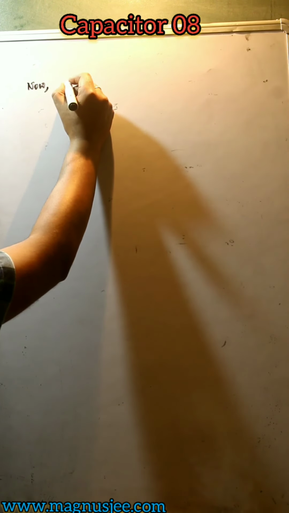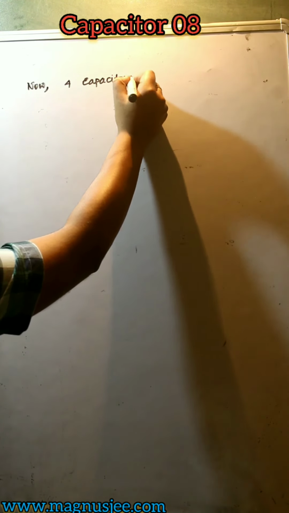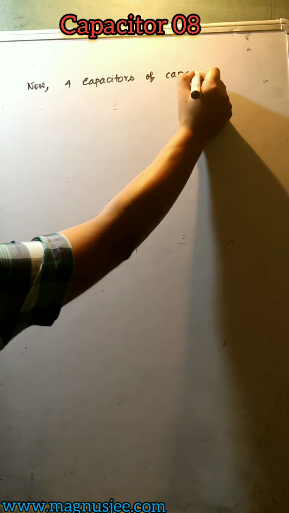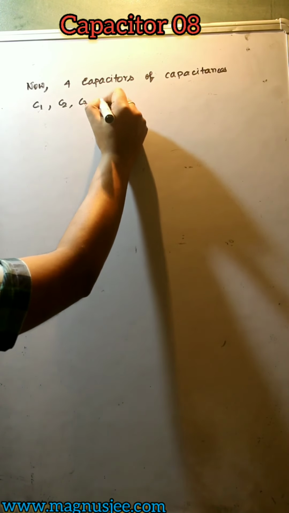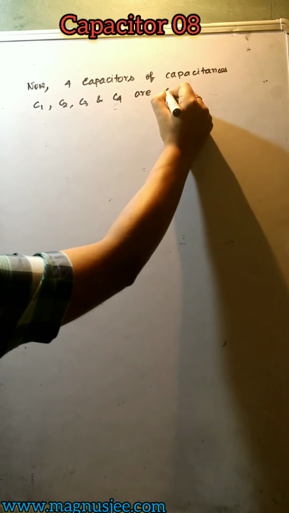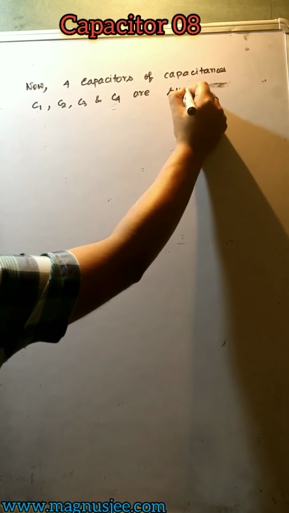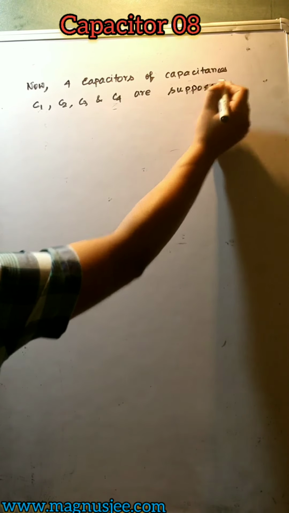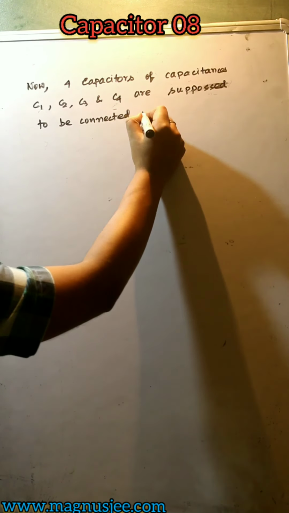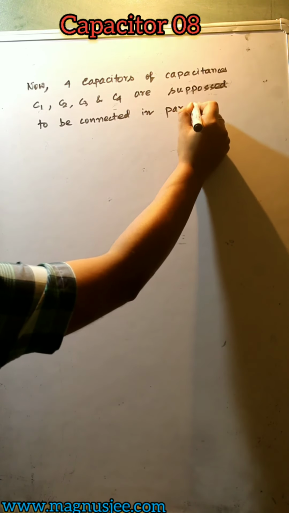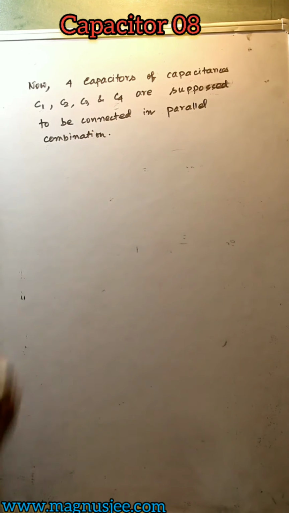Hence the 4 capacitors of capacitances C1, C2, C3 and C4 are supposed to be connected in parallel combination.